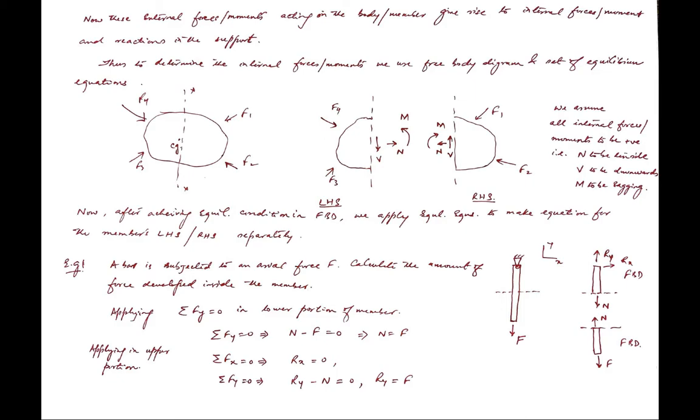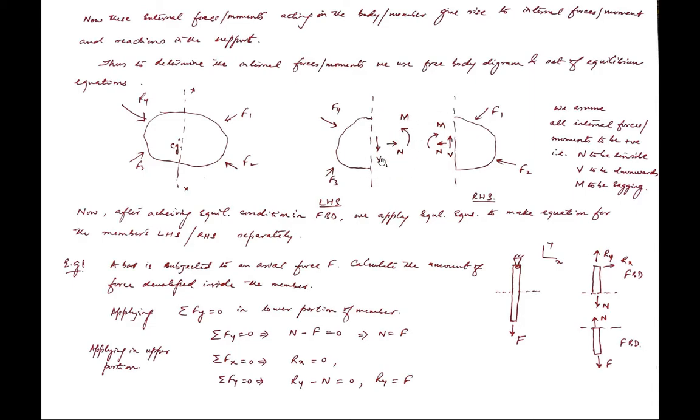What we do is assume that certain forces and moments are developing there. First of all, you have to assume them to calculate the variables. These are nothing but the unknown terms that we define.